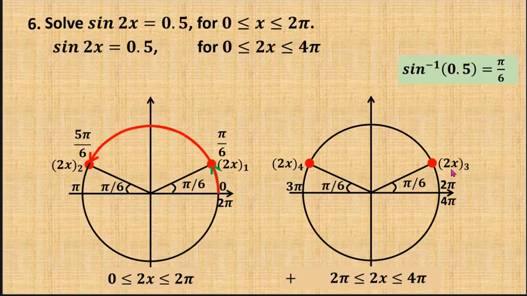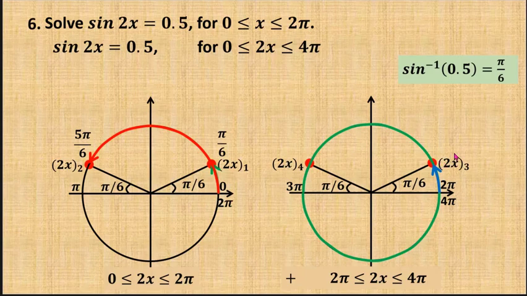For the angle 2x3, it is in the second circle, and we found that the position is exactly the same as 2x1. To find this angle, we still need to start from 0 in the direction of anti-clockwise. After finishing the first circle, then continue the second circle until 2x3.